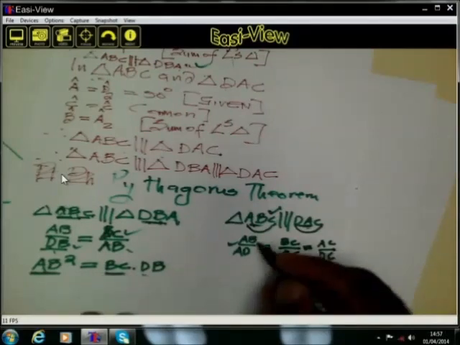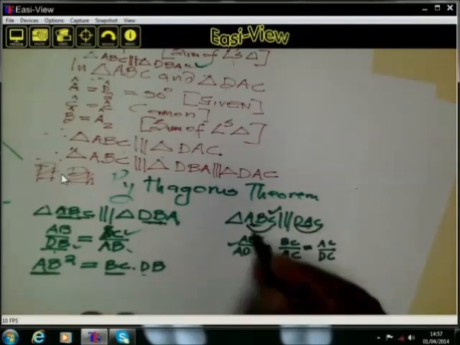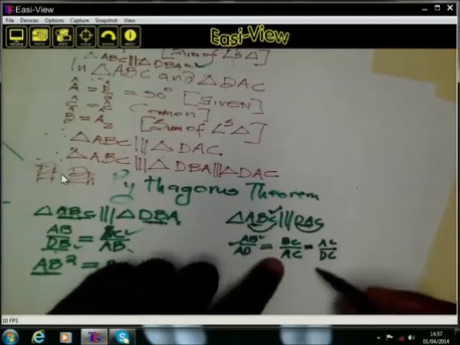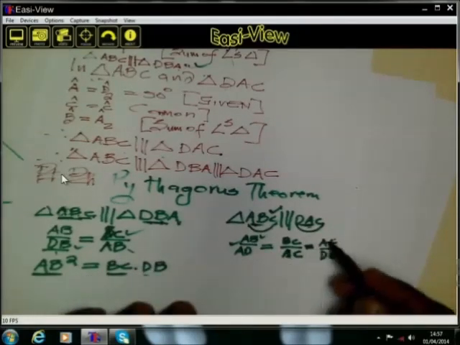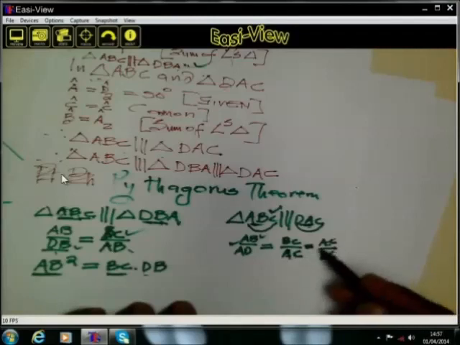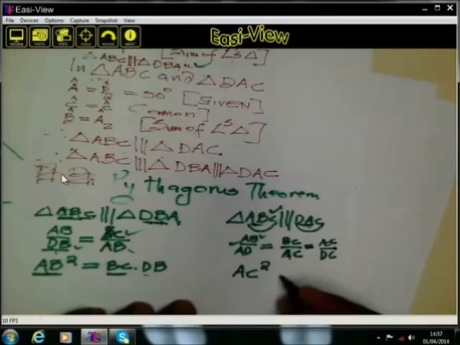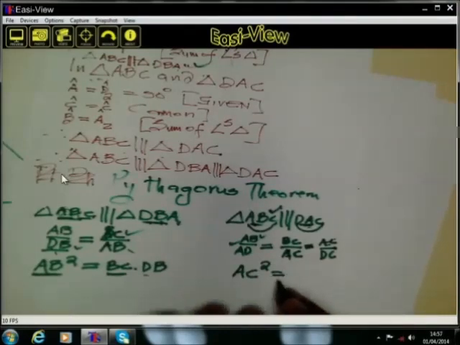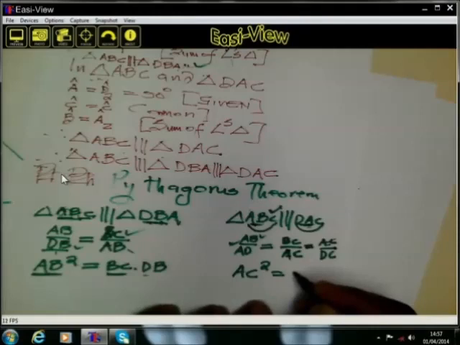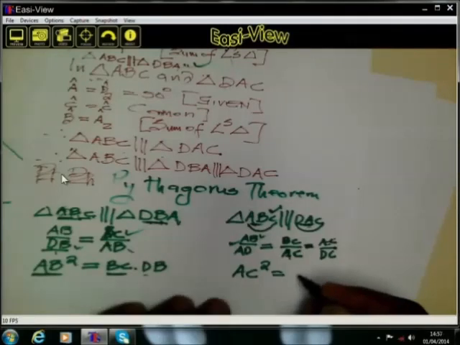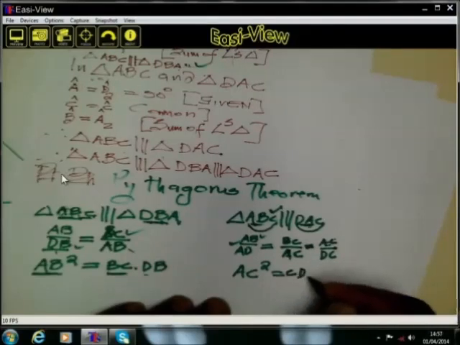Now, remember I've already proved AB, so I can leave this one behind and concentrate on this one, because now this is going to give me AC squared. When I multiply this, it is going to give me AC squared, which is going to be equal to CD multiplied by CB.